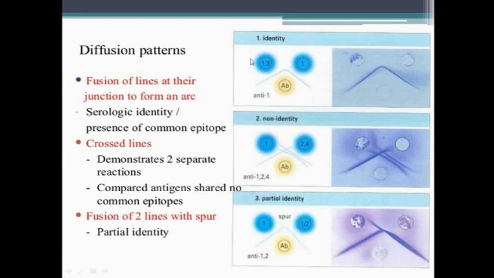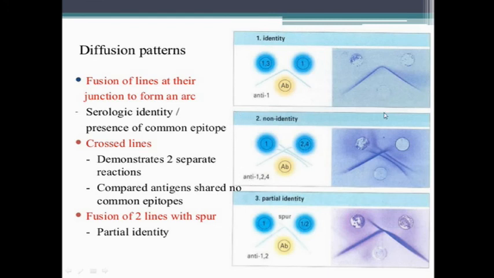It means both antigens are similar or identical. We can interpret that both antigens have common epitopes.